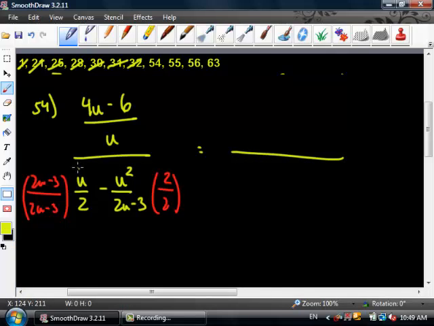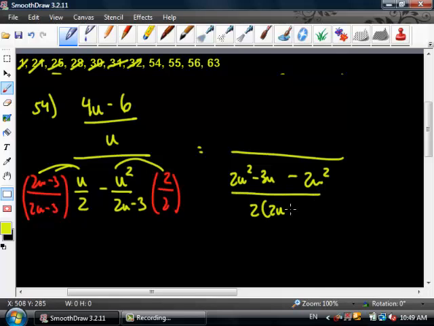If I distribute in, I get 2u squared minus 3u minus 2u squared all over 2 times 2u minus 3. And don't forget, there's a 4u minus 6 over u above that. So it looks like these two are going to cancel out. That's kind of a cool thing.